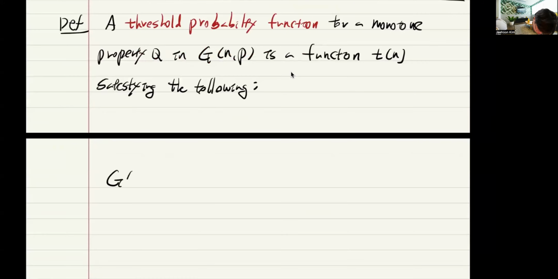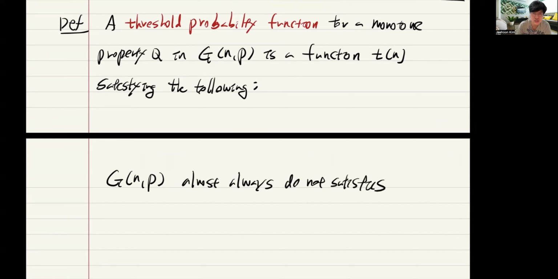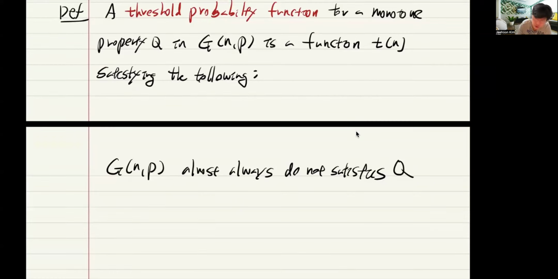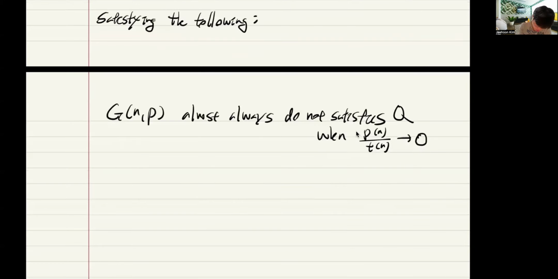G(n,p) almost always does not satisfy Q when the probability function is much smaller than T(n), so p(n) divided by T(n) goes to 0 as n goes to infinity.